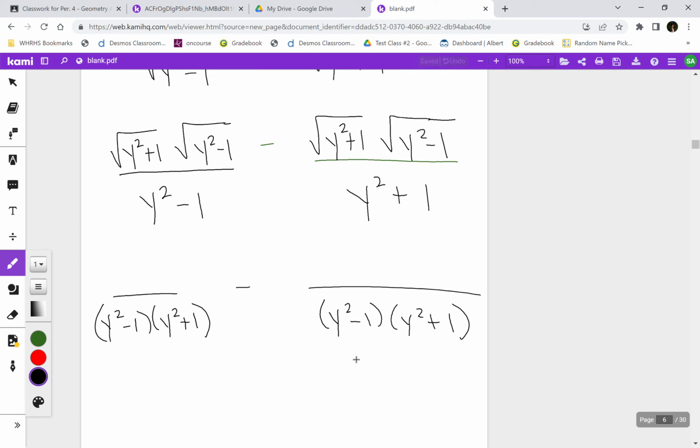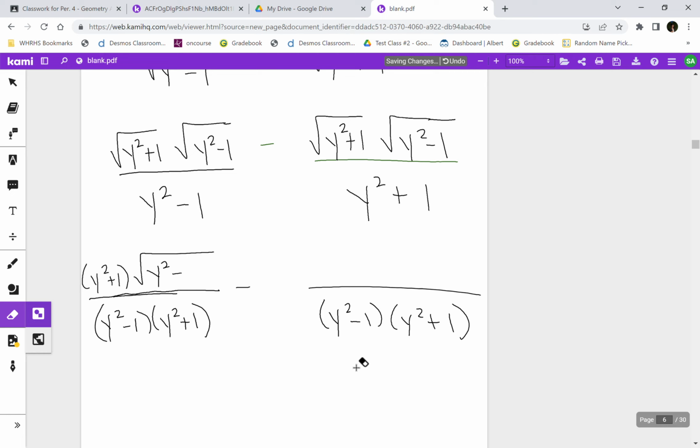So in my numerator, I'm now going to have y squared plus 1 times, now I'm going to multiply. I'll hold off right now, actually. Well, does it matter? It doesn't matter. I can multiply these. Y squared minus y to the 4th minus 1.